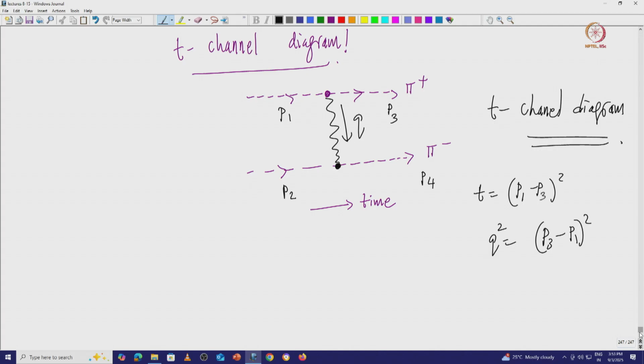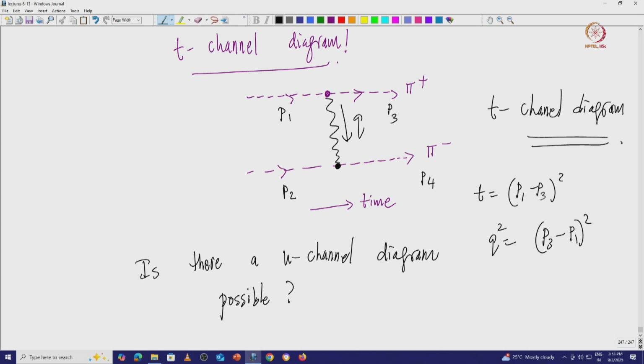Now, given this, you have a T channel. The question then arises, is there any other diagram further? Is there a U channel diagram possible?